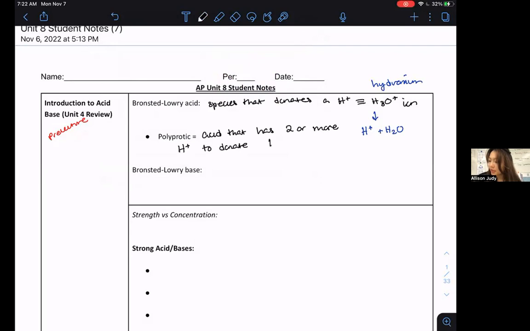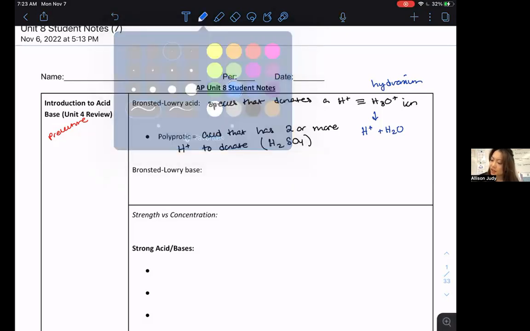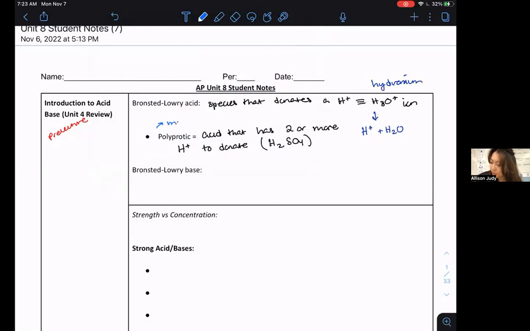For example, H2SO4 would be an example. It could donate one H and then in a second round the second H. The opposite of this would be monoprotic, only one H proton available.